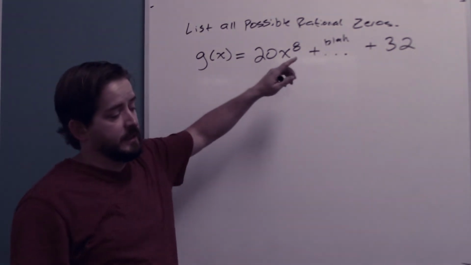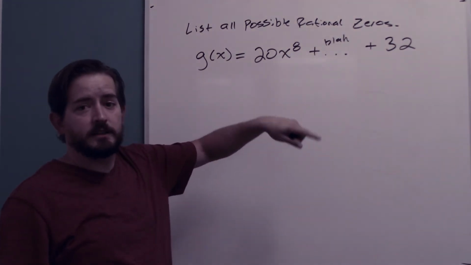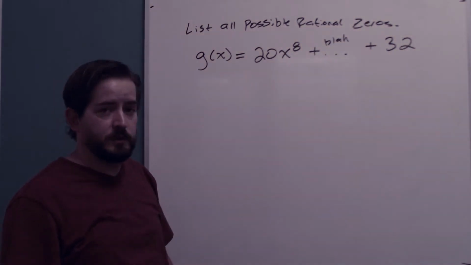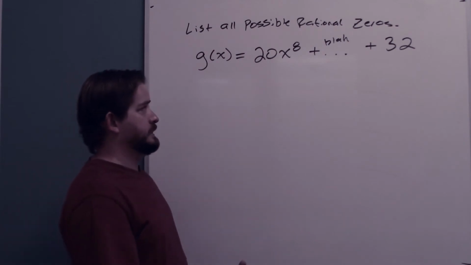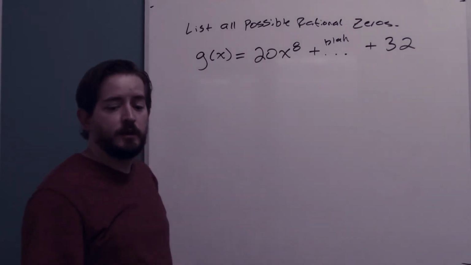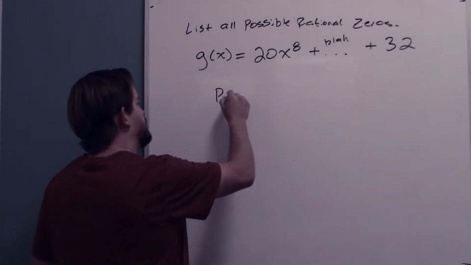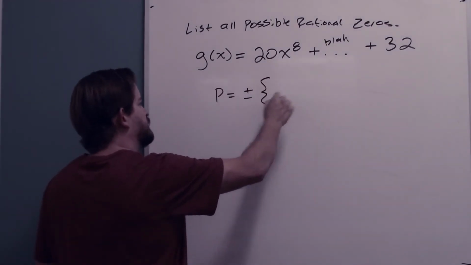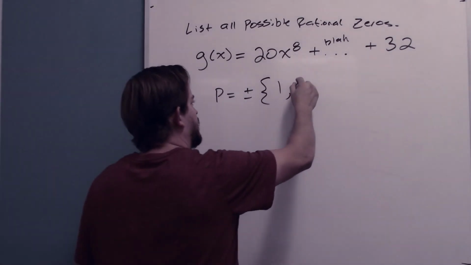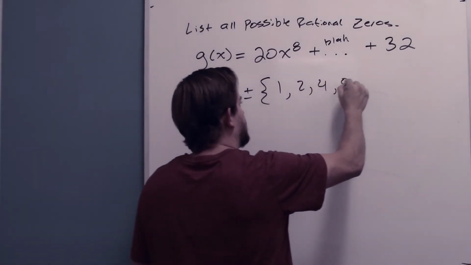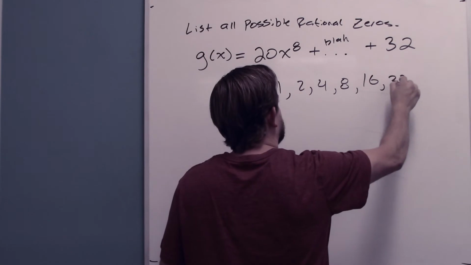The reason that it says find the possible rational zeros but don't actually figure out which ones they are is because this list is not going to be small. It's going to be a big ugly list. All of my p's are the positive or negative factors of 32, which are 1, 2, 4, 8, 16, and 32.